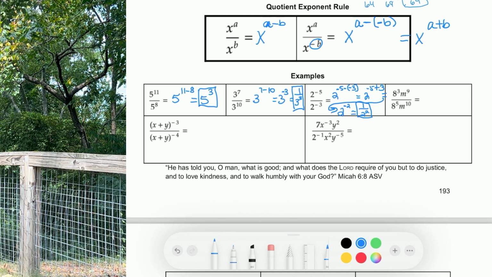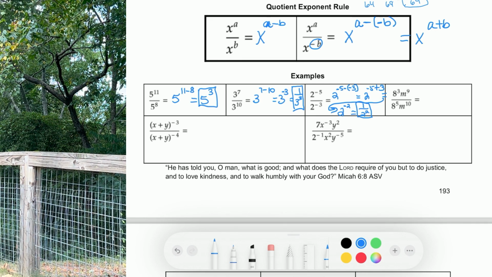Let me show you, if we had used the previous rule to go ahead and get our exponents positive, how that would have changed things, but we still would have ended up with the same answer. I'm going to do it in a different color. So it would have become 2 to the positive 3 over 2 to the positive 5. I would say 2 to the 3 minus 5.